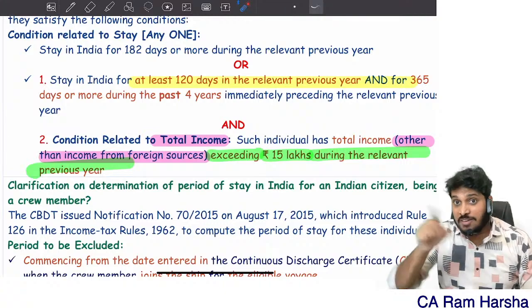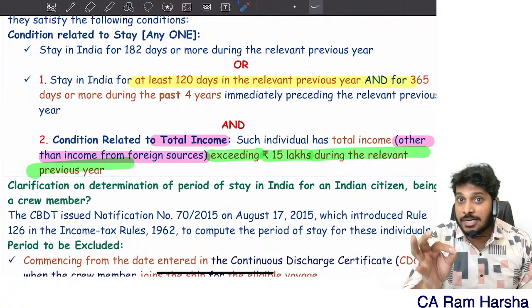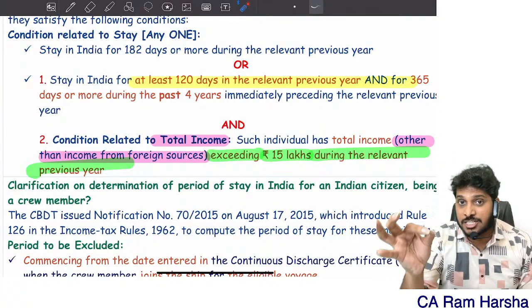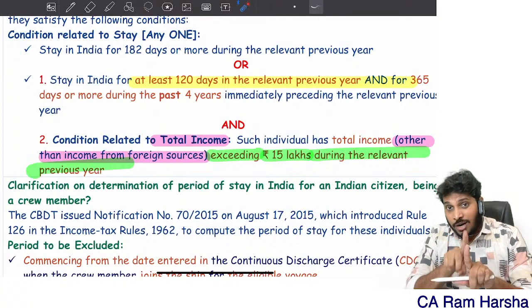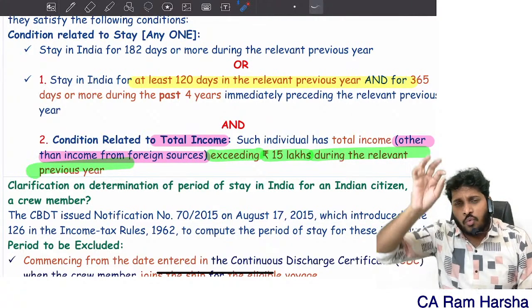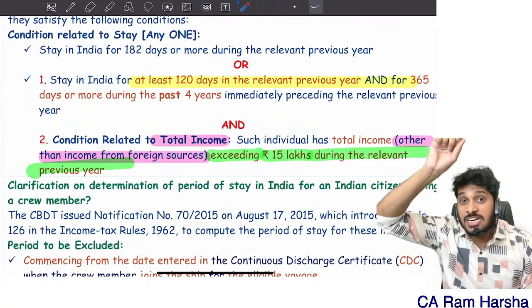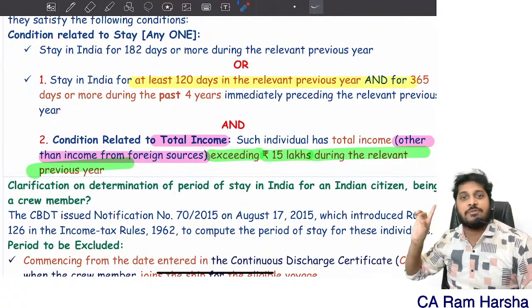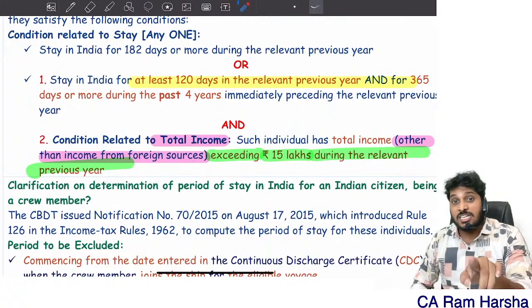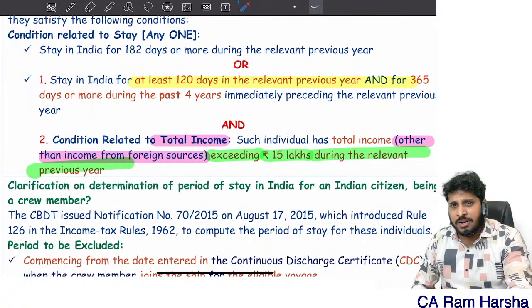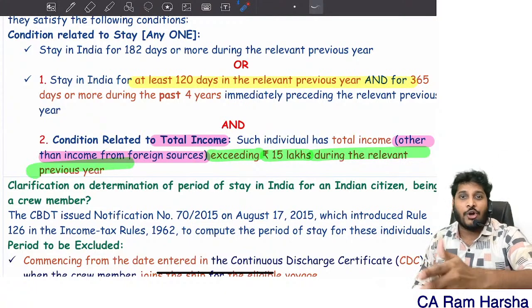Non-resident. Now if the problem asks to determine residential status and also total income: for a non-resident, which incomes are taxable? Only if accrual is in India or receipt is in India, as per section 5. Is business controlled from India or profession set up in India taxable for a non-resident if both accrual and receipt are outside?